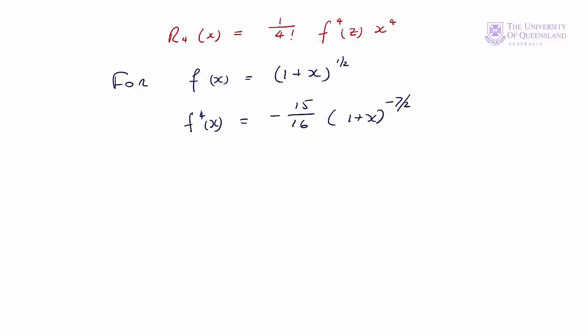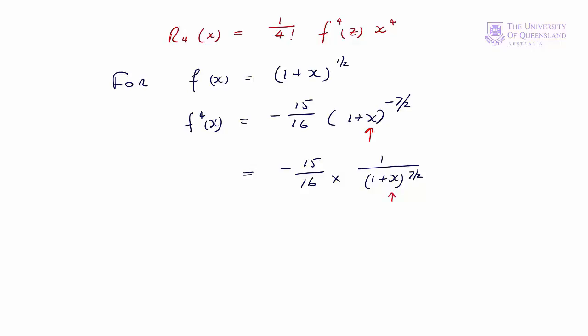We want to find the maximum of the absolute value of the fourth derivative. What determines the size of the fourth derivative? It changes as x changes. This is equal to minus 15 on 16 times, 1 over (1 plus x) to the 7 on 2. As x increases, the second term will decrease, so we're dividing by a larger number.